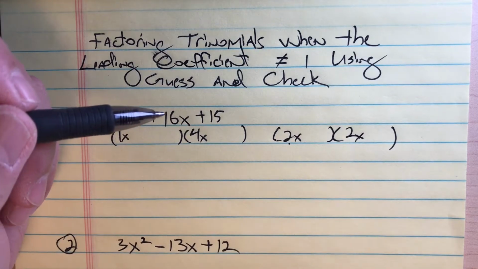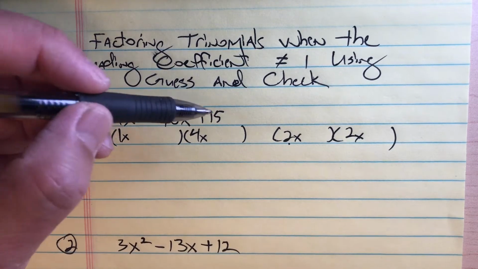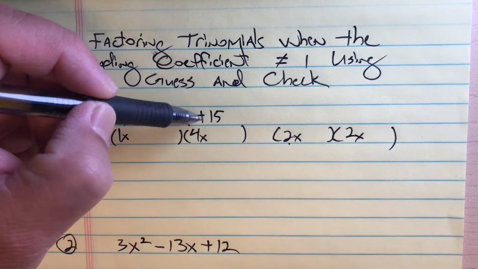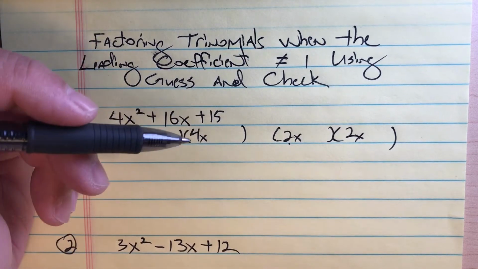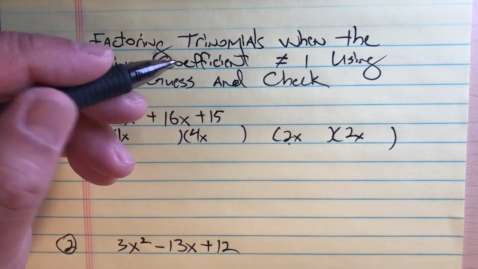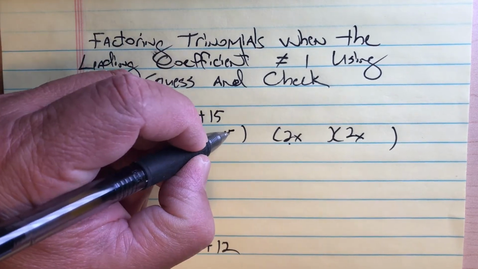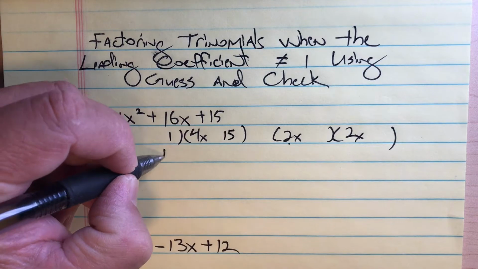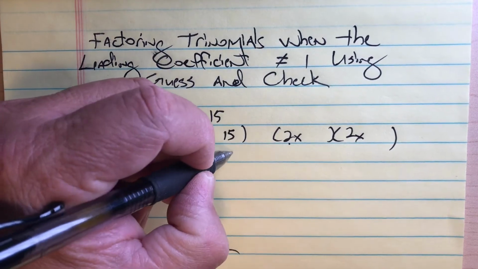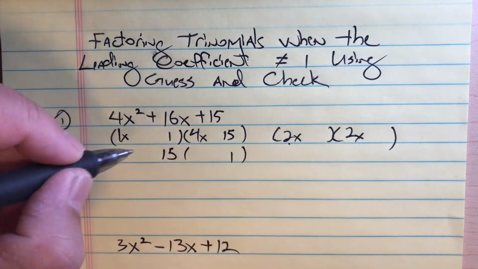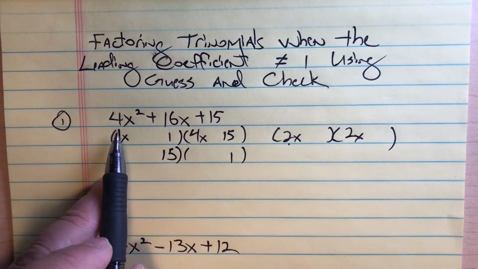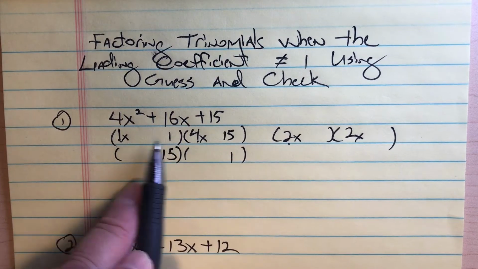Okay, so now we have to think, how are we going to get a 15 at the end of the problem? How does my constant come out to 15? One choice might be 1 times 15, or it might be 15 times 1. And you're going to have to try both of them because this number in the front is different.